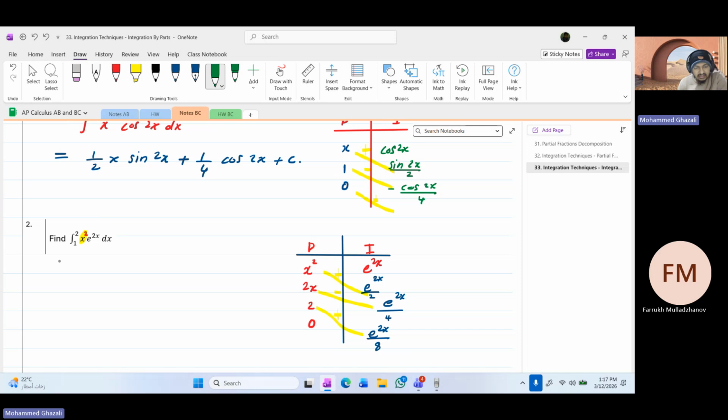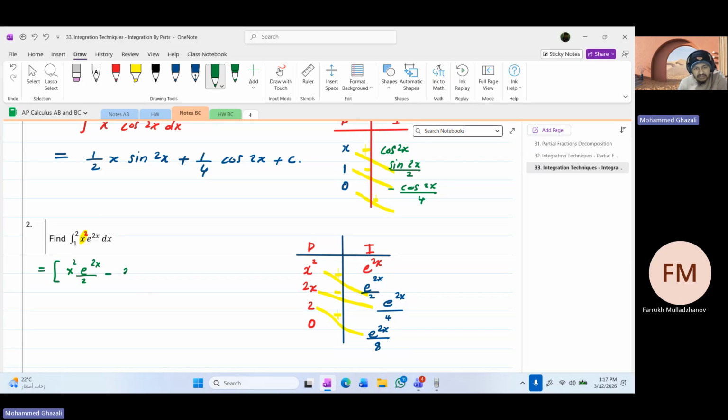Now, remember, we're integrating from 1 to 2. So you're going to say x squared times e to the power 2x over 2 is x squared e to the power 2x over 2 minus, remember 2x, there's a minus here, 2x times negative times e to the power 2x over 4.